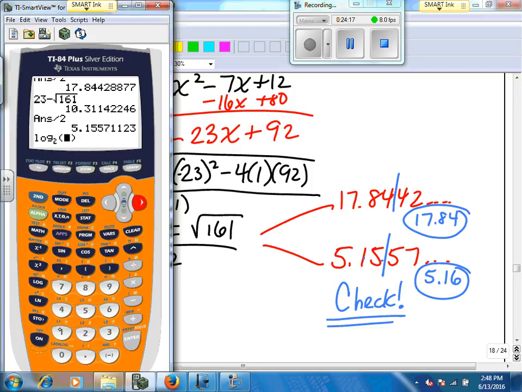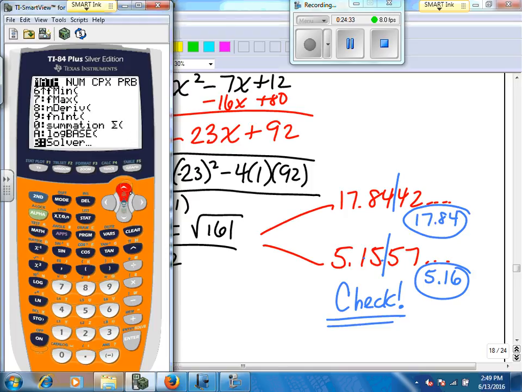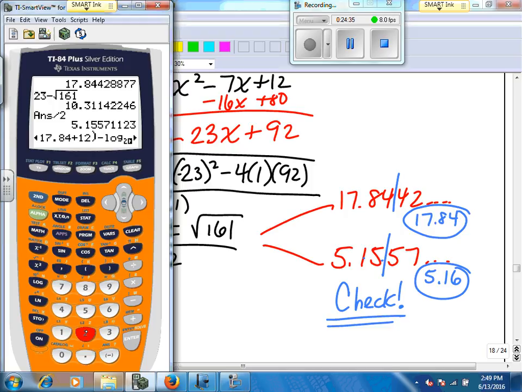Well, we're going to do 17.84 squared minus 7 times 17.84 plus 12. Go out of that parenthesis. Minus math, log base, put a base of 2 again, of 2x minus 10, 2 times 17.84 minus 10. Press enter.